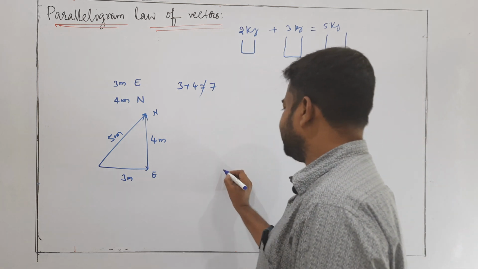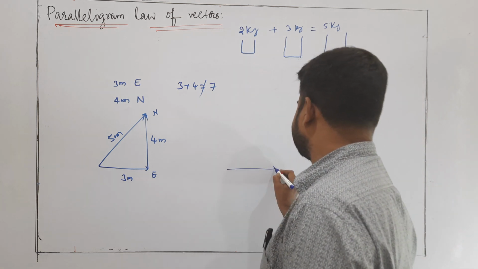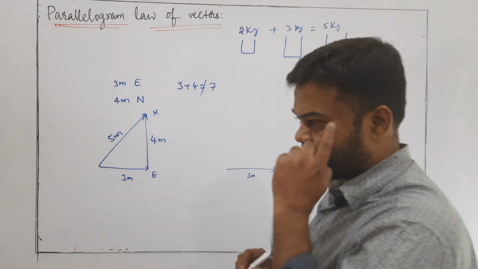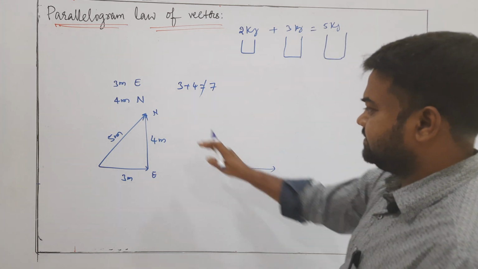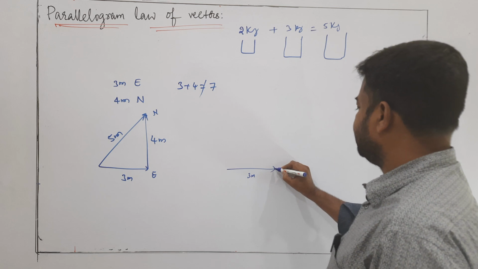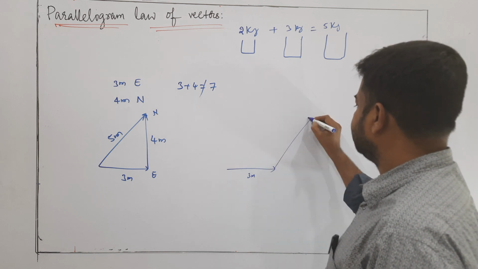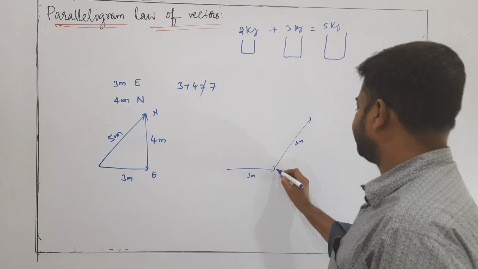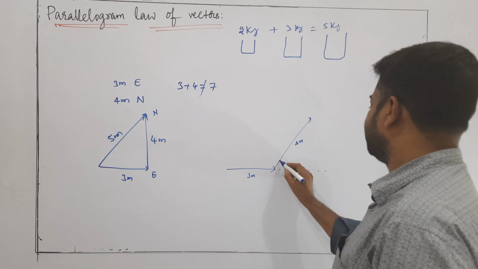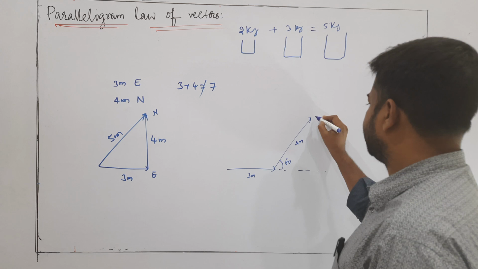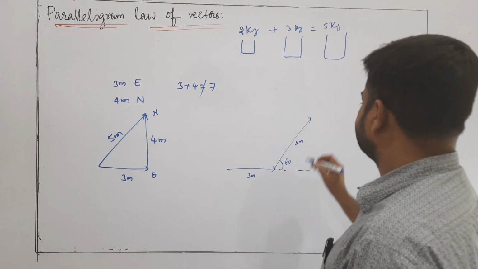Suppose 3 meters is in the east direction, and 4 meters makes an angle of 60 degrees with it. Then what should be the resultant?